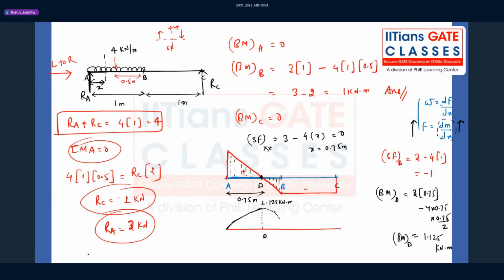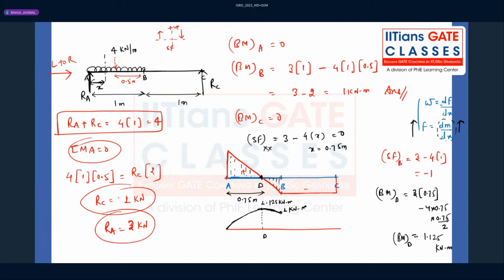And at point B, we know that the value is 1 kilonewton meter. And what about the value between B and C? Of course, shear force is 0, so the bending moment diagram should be 0.